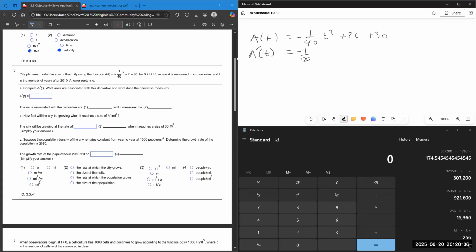That'll be -1 over 20 t plus 2, and this is only good for 0 to 40. Units associated with this are square miles per year, and it's the rate at which the city grows.